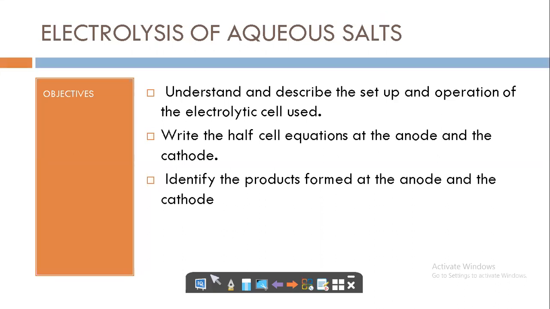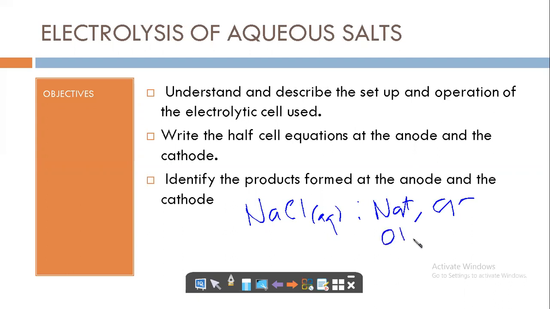So for NaCl(aq), the problem making it difficult for electrolysis is that there is Na+ and Cl- from the salt, but because it's dissolved in water, you also have OH- and H+ from water.